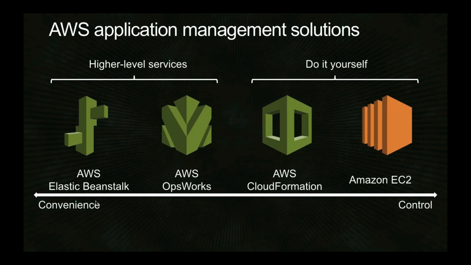Elastic Beanstalk is the most automated, most opinionated system, where it makes certain default choices for everything. You can still configure some things, but the main thing about Beanstalk is that it automates almost everything for the infrastructure for you, and you can focus simply on application development.